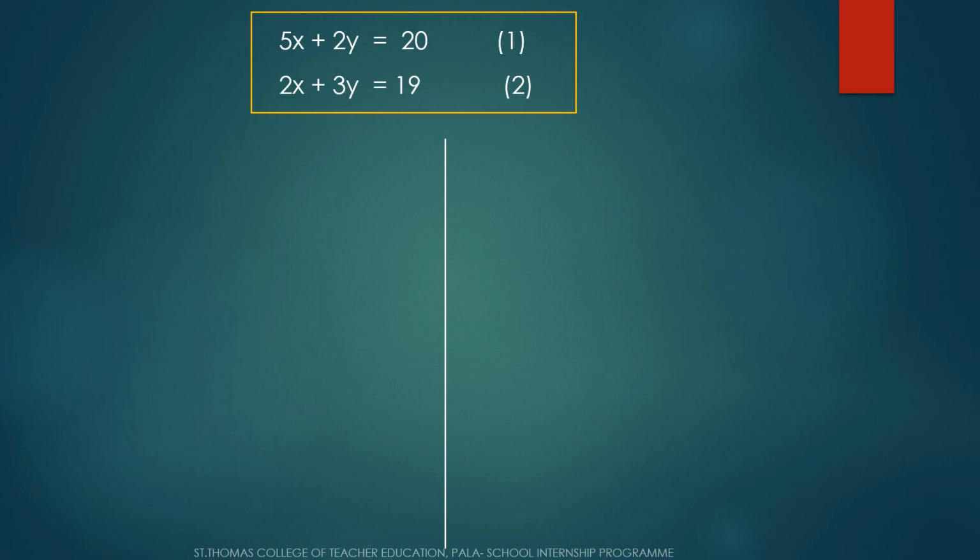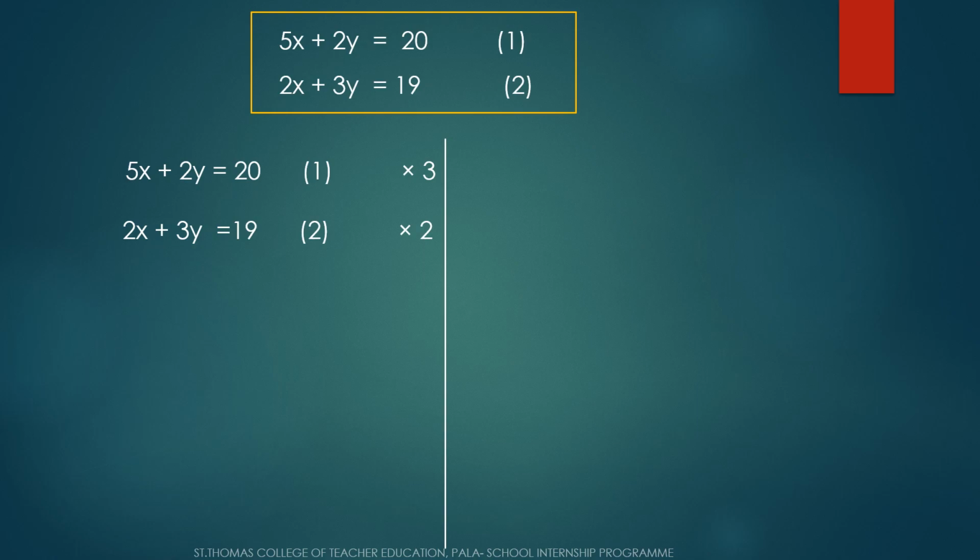Okay, let's check. Now my question is, by which number should you multiply equation number 1 and 2 in order to get the coefficient of y the same? First tell me the case of equation 1. Yes, some of you said 3. And equation number 2 with 2, isn't it? So after multiplying equation number 1 with 3, what do you get? And equation number 2 with 2, what do you get?